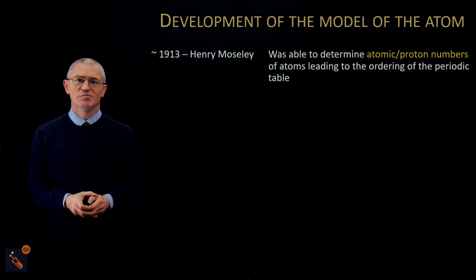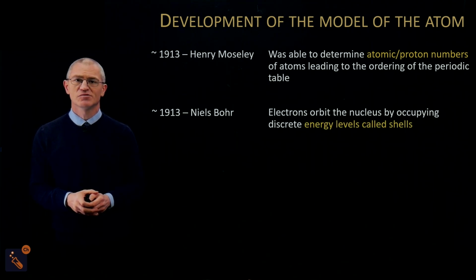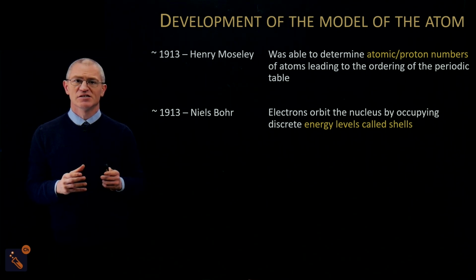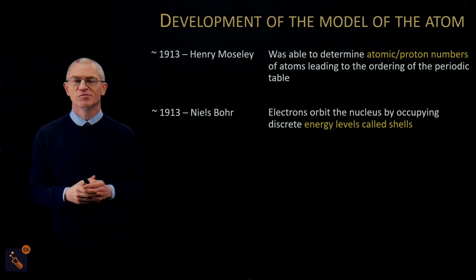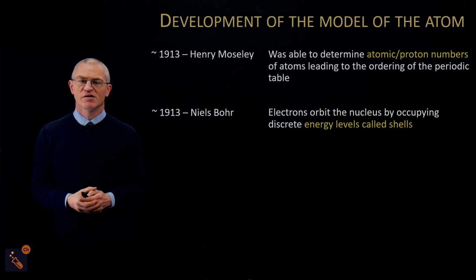Then we went on to Henry Moseley around 1913, who determined atomic numbers, and that led to the periodic table being ordered. Then we have Niels Bohr, who developed emission spectra, where you shine a certain frequency of light at an element and it will emit a certain amount of light back.